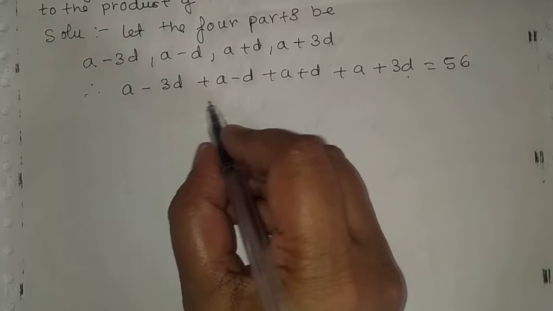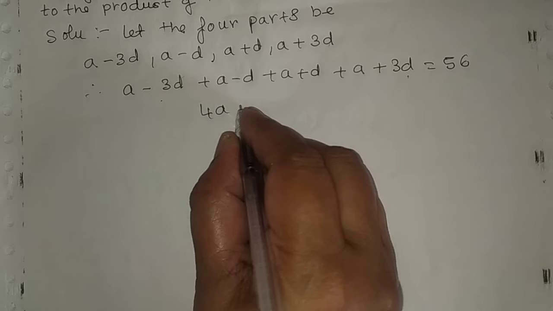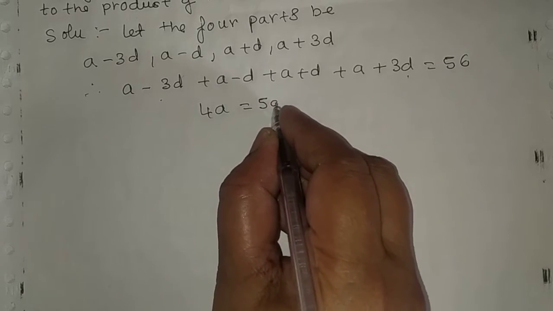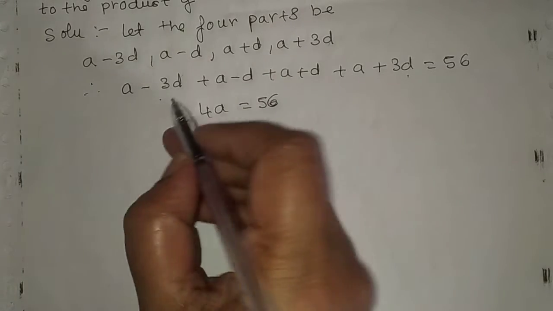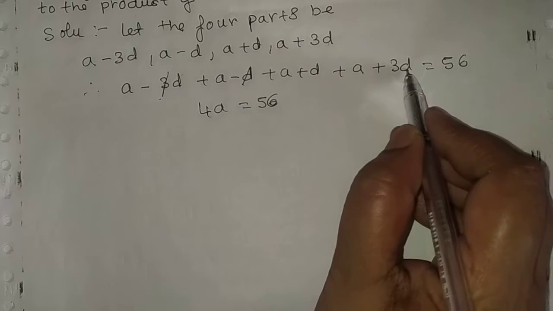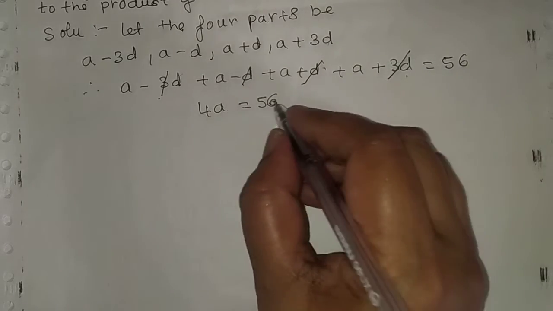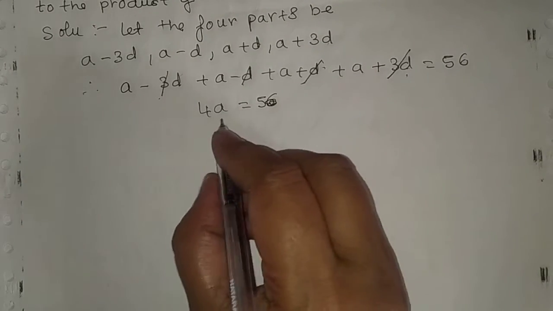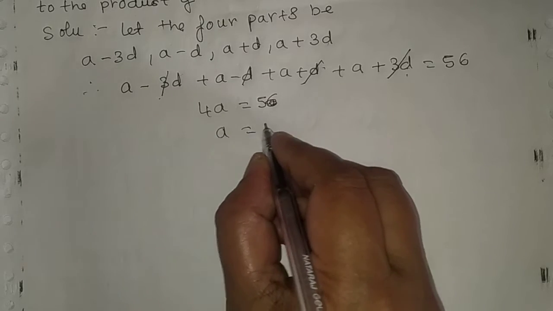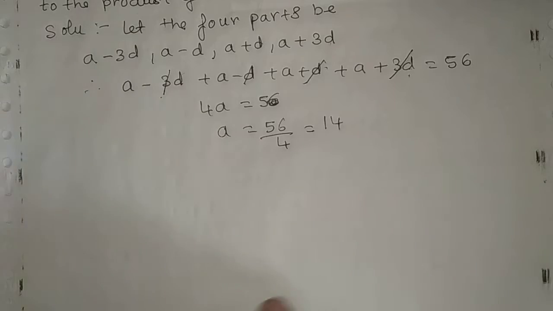Therefore we solve this, we get 4a is equal to 56. Here 3d is there, d, then here 3d is there, so the 3d cancels. So we get 4a is equal to 56. So a is equal to 56 by 4, which is equal to 14.